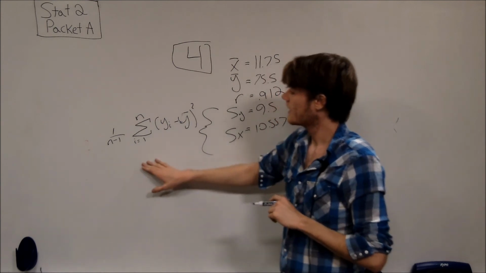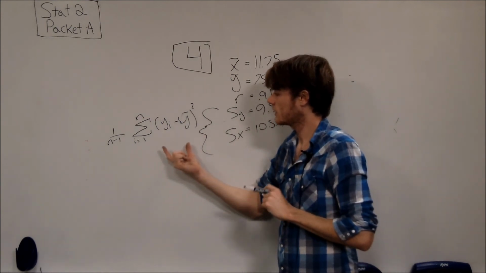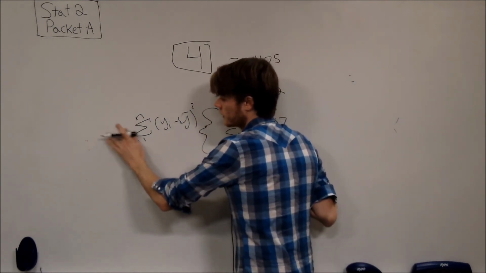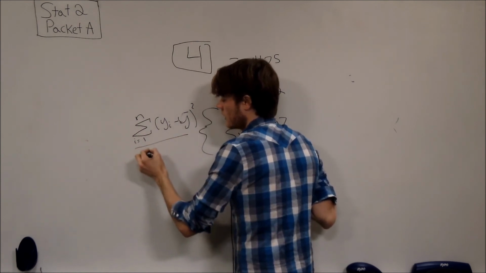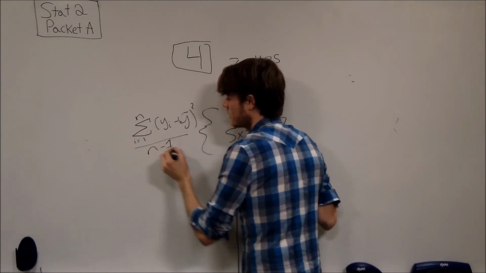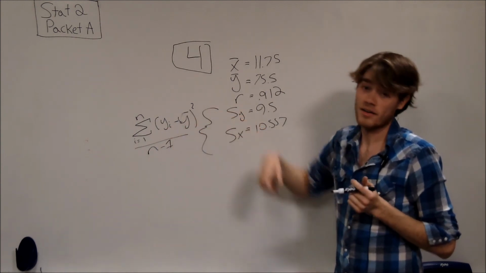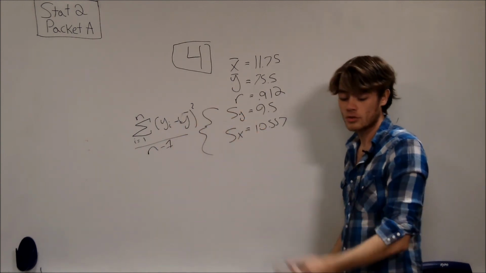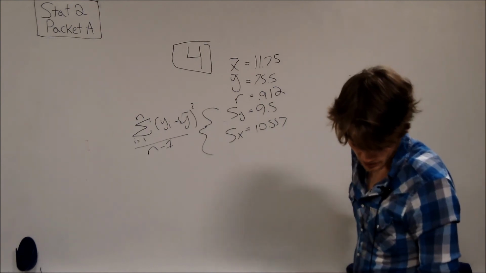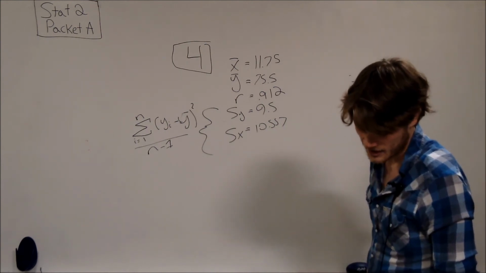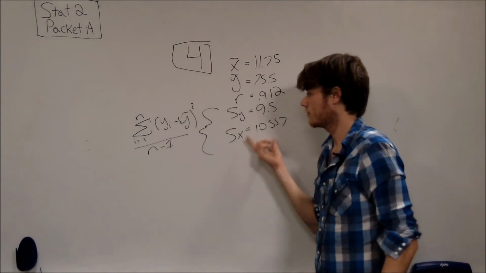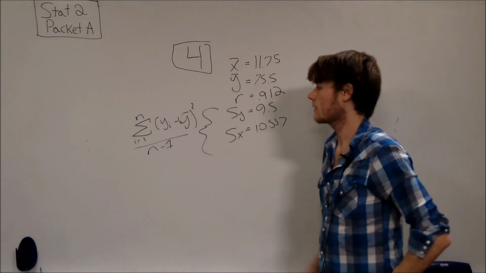What this is saying is that you take each y value, subtract the mean, and square it for each y value. So there'd be 20 in this case, and there would be whatever the amount of n in all the other cases.